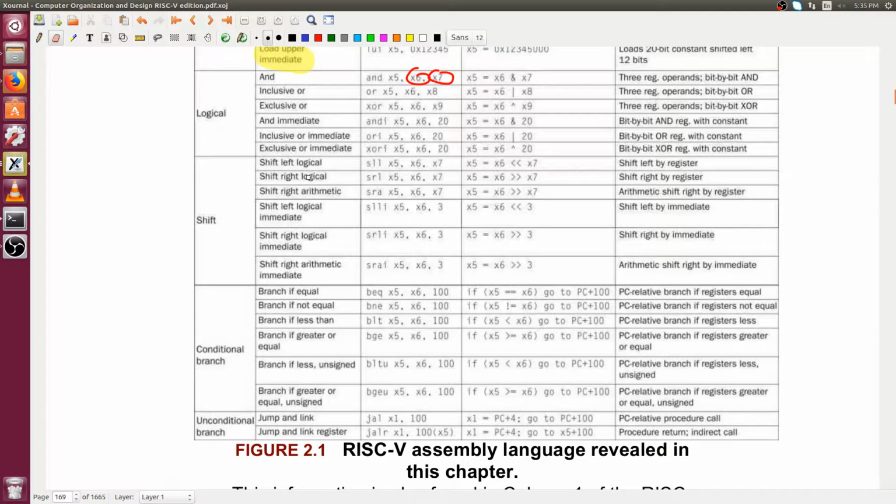Then we have some shifts. We have some logical shifts and some arithmetic shifts. We'll go into later the difference between logical and arithmetic shifts. But for right now, we can just think of it as moving bits around in a very sequential way. If we shift something logically left by 7, it means we're moving all the bits to the left by 7.